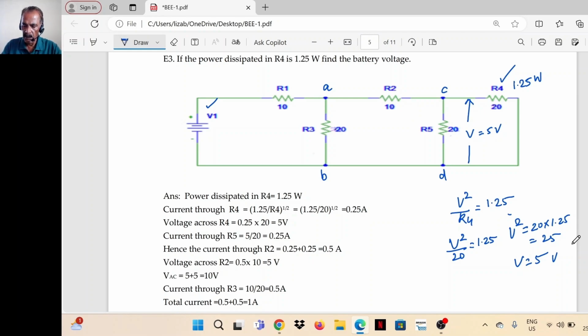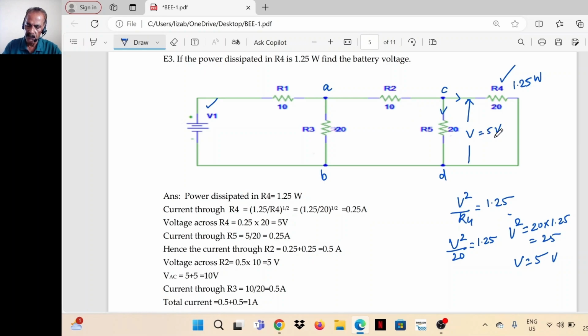So if V is equal to 5 volts, then we can find the current through R4 as well as R5. V is the common voltage across points C and D. So current through R4 is V by R4. Current through R5 is V by R5, because V is the common voltage.